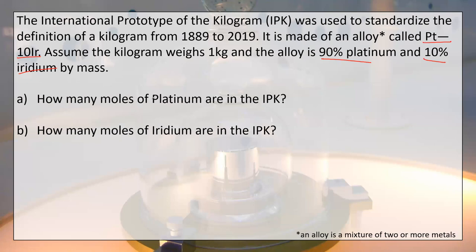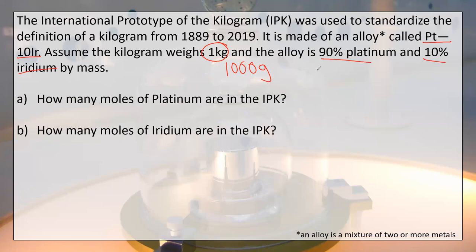So our questions are how many moles of platinum are in the IPK and how many moles of iridium are in the IPK. We should assume that the kilogram weighs a kilogram. It's kind of the whole idea, or because it's going to be easier to work with, 1,000 grams. So let's start with platinum.